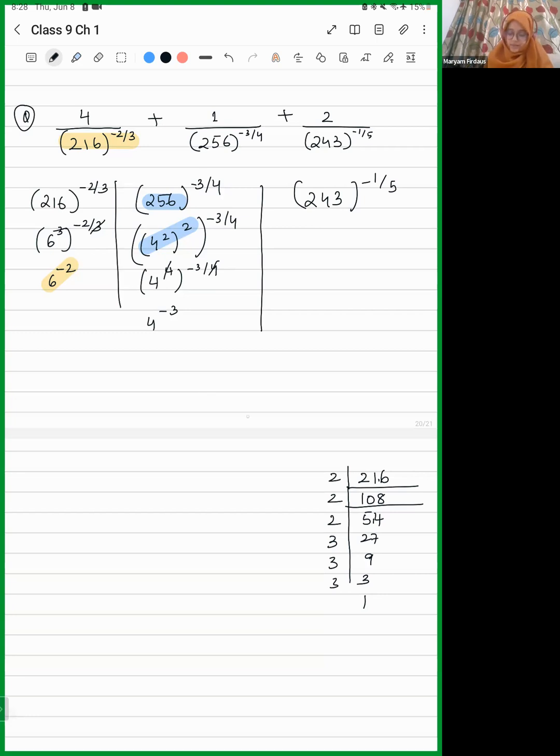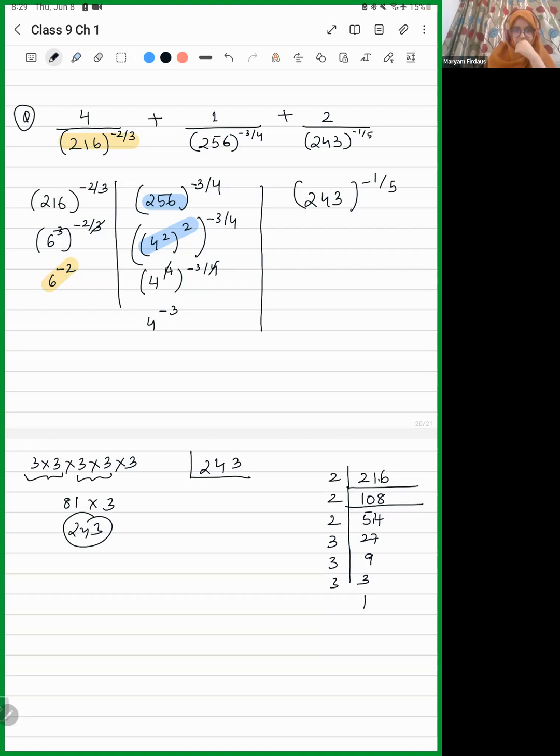Let's just do the prime factorization. But we can try with 3 also. Let's see what is 3 to the power 5. 3 threes are 9, 9 nines are 81, 81 multiplied by 3 is 243. Yeah, there you go.